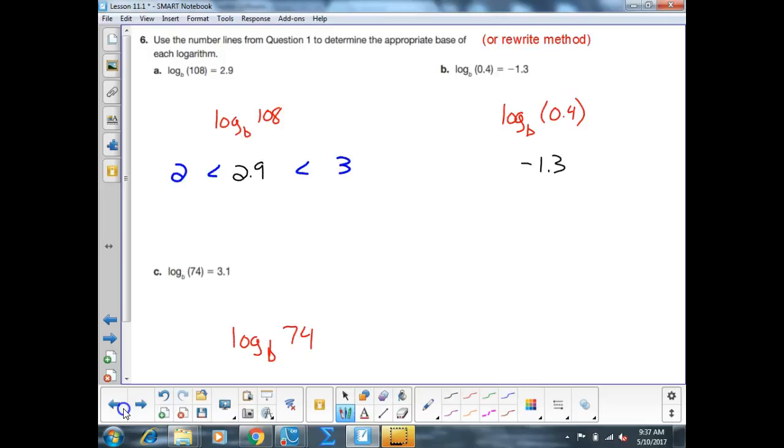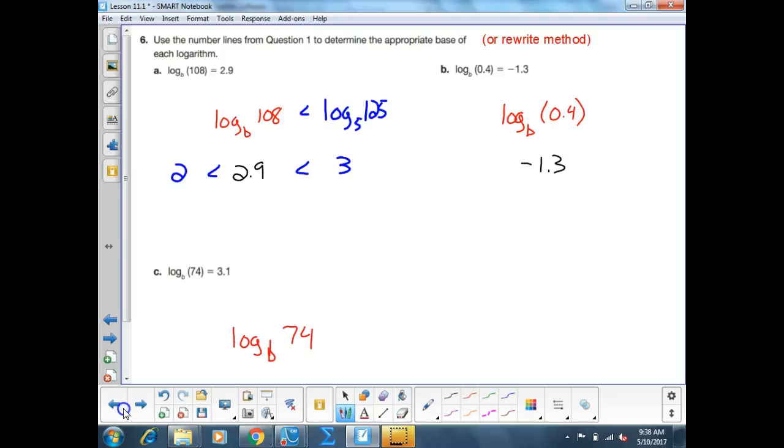So what's a logarithmic expression that's equal to 3 that's a little bit bigger than log base b of 108? Log base 5 of 125. I would agree with that.